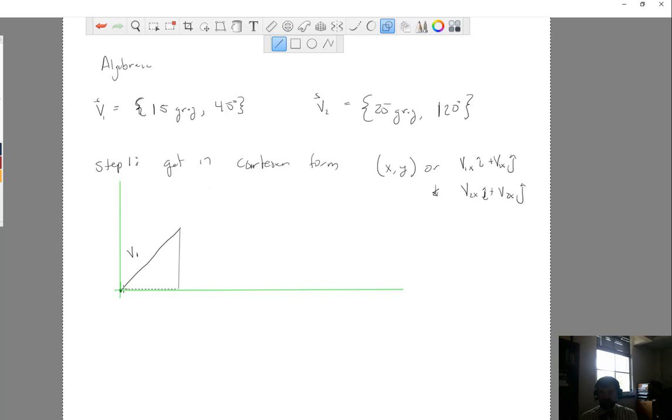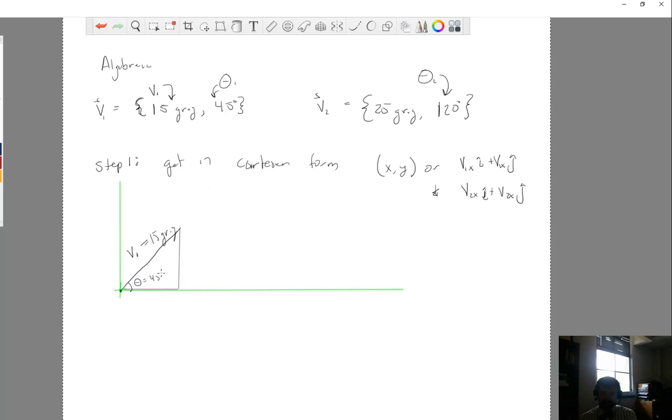And so you basically end up with a triangle that looks like this, where this right here is angle theta, and theta is this number here, the direction. Okay, and V1, without an arrow over it, would be the magnitude. So this is 15 grams.